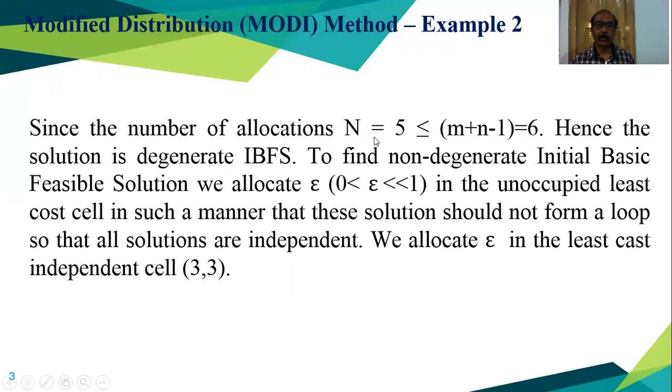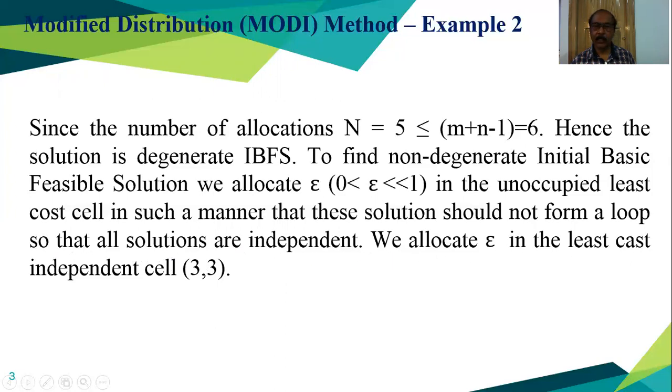Since the number of allocations N is equal to 5, less than m plus n minus 1, the solution is degenerate. To find a non-degenerate initial basic feasible solution, we allocate epsilon, which lies between 0 and 1, in the unoccupied least cost cell in such a manner that the solution does not form a loop, so that all allocations are independent.